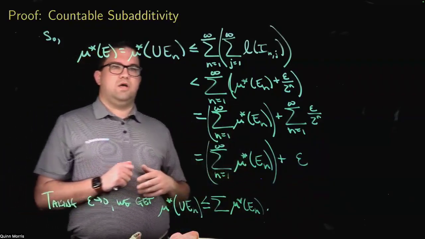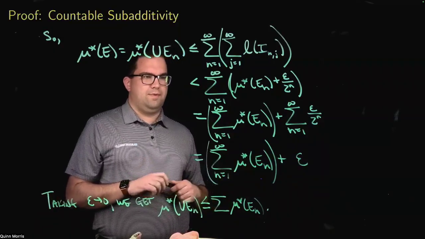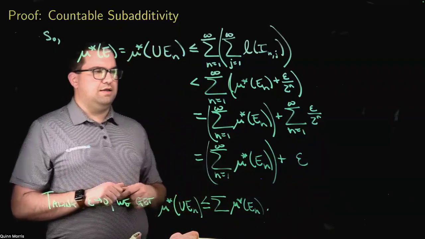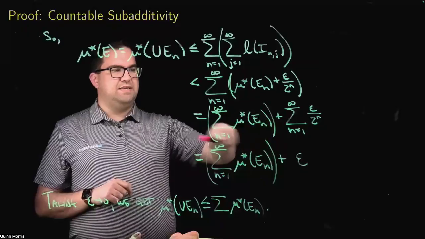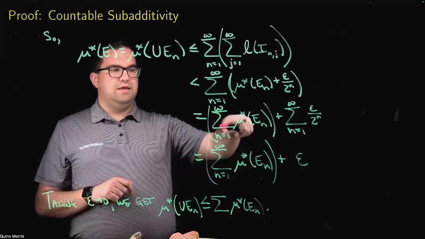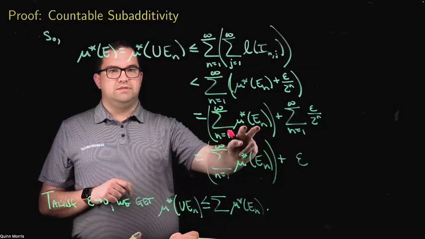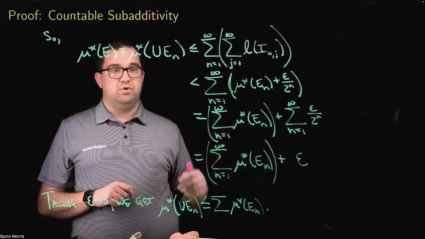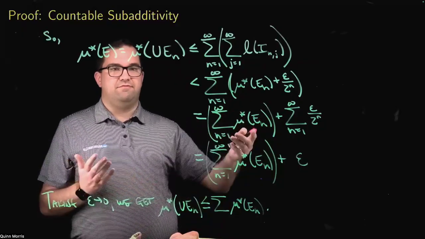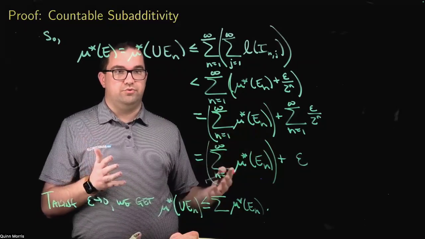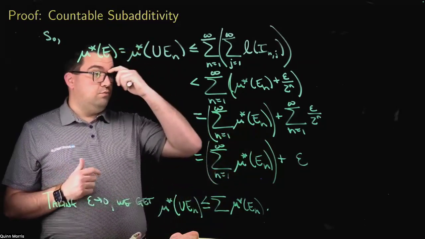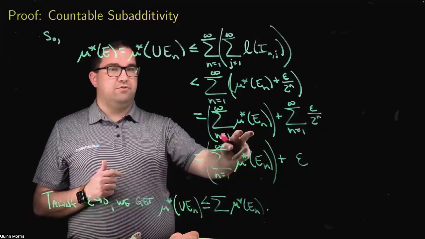Well, if this piece doesn't converge, then even though none of the individual components of the sum was infinite, this whole thing ends up being infinity, and the result is trivially true. So we might as well assume that this sum converges.